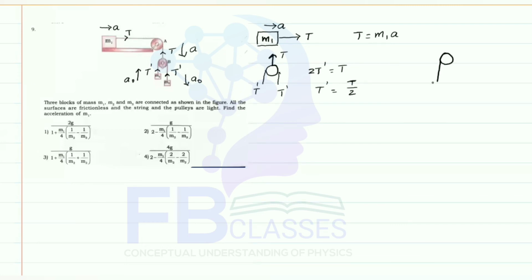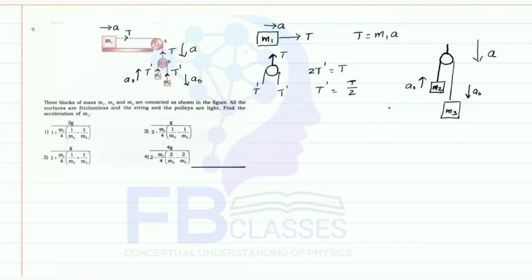So now I am going to draw the free body diagram of both the blocks. So this block is M2 and another block is M3. Okay, now the accelerations: a naught is downwards and a naught is upward direction. Now the total system will be moving with a in the downward direction.